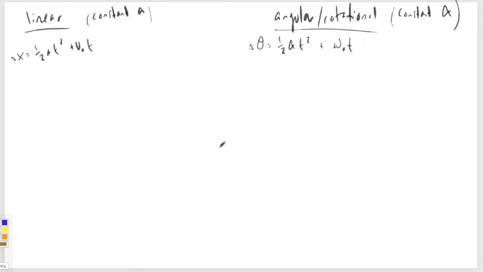It's the exact same, right? What else do we have? We have velocity is equal to at plus v naught. That's just saying that, hey, acceleration is the slope of velocity. Over here, I would get omega equals alpha t plus omega naught.